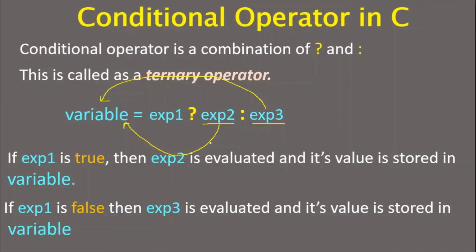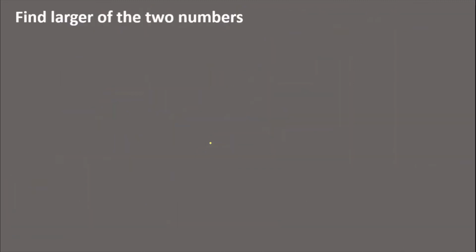This will become more clear by taking one example. Say we want to find the larger of the two numbers. For that purpose, we will write the expression as max equal to A greater than B. So this is expression 1, which is also called a condition.